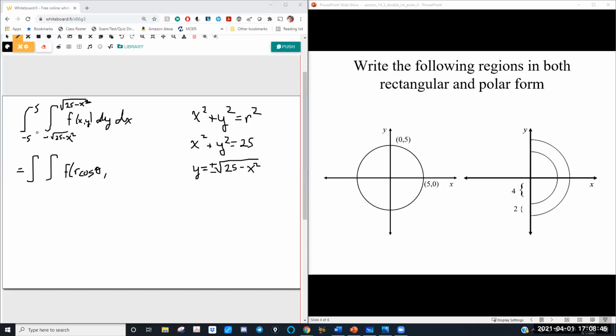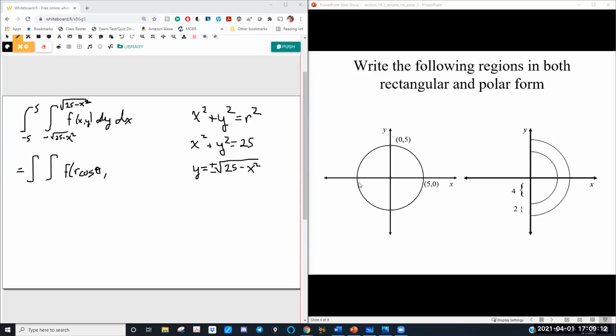Now let's talk about why they're constants from a more conceptual standpoint. Because our lower limit is this curve and our upper limit is this curve, we're basically integrating on our way up from this curve to this curve, while we're going from -5 to 5 in the x direction.